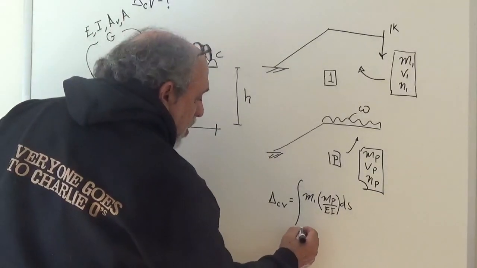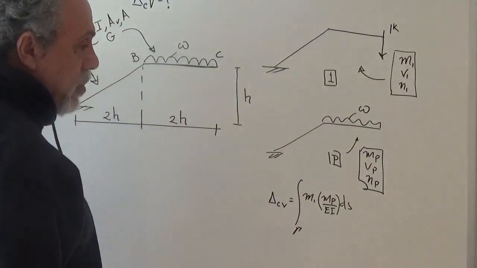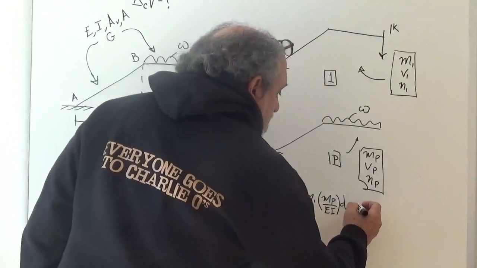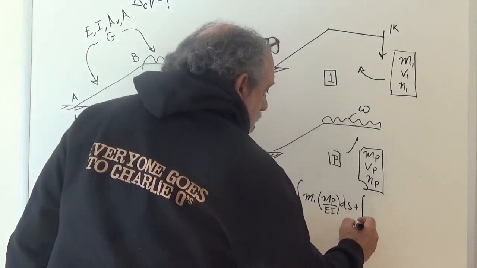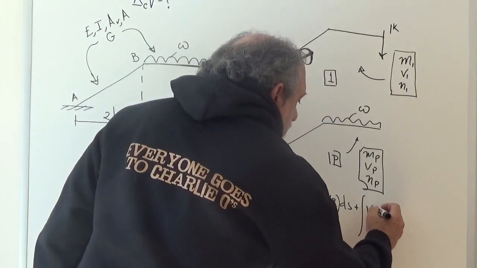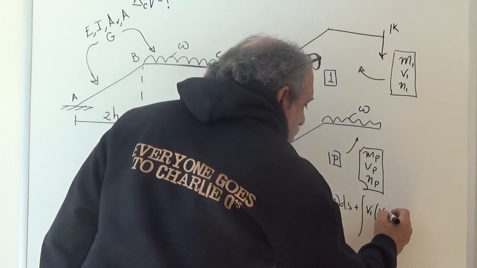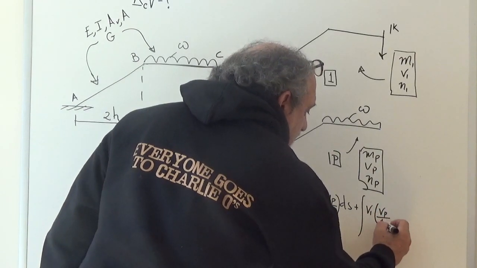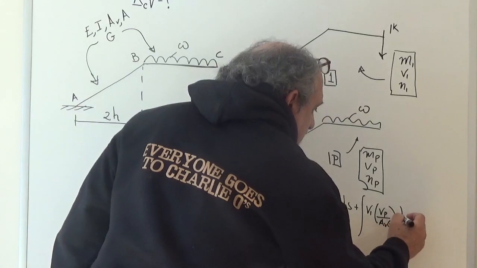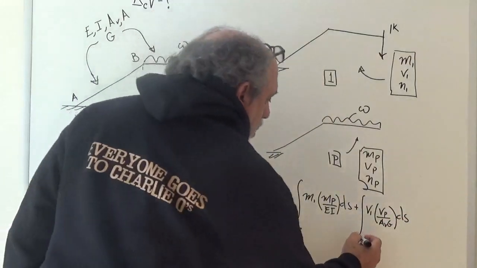And when we put tau here, we mean over the complete structure, plus the integral of V1 times the strain due to the shears, which is VP over AVG ds over the complete structure.